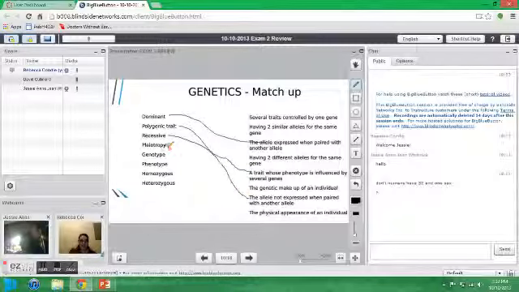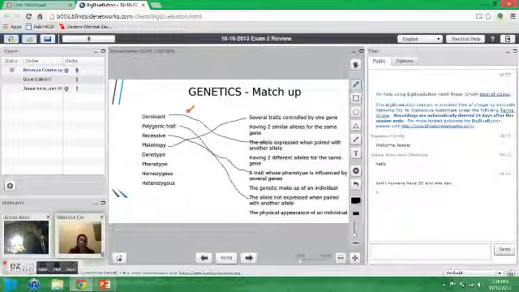Yeah, number 5 down there. And then recessive is the allele not expressed when paired with another allele. Uh-huh. Second one from the bottom. And then pleiotropy. Pleiotropy, that one. It's the first one, several traits controlled by one gene. Exactly.